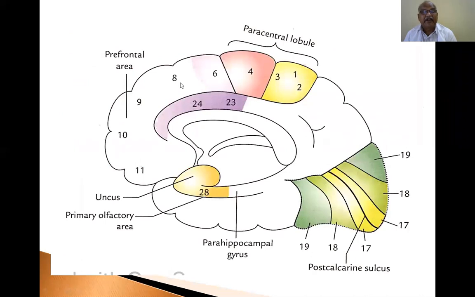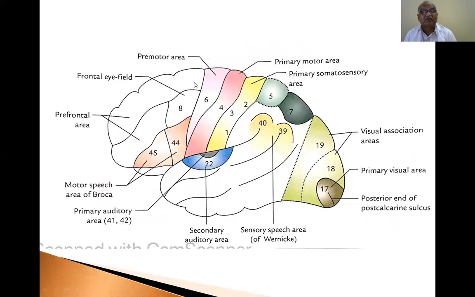This is area 8 on the medial surface. This is the central sulcus. This is the premotor area. This is the superior frontal gyrus, middle frontal gyrus, inferior frontal gyrus. Area 8 is the frontal eye field, which is concerned with vision. This is the visual cortex, primary visual area.